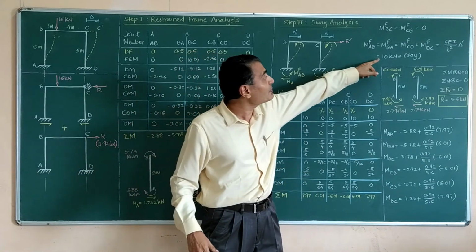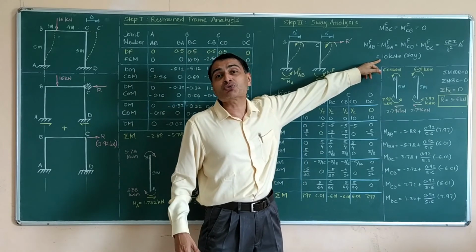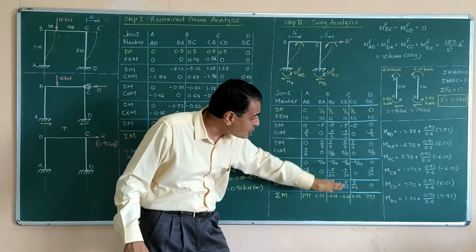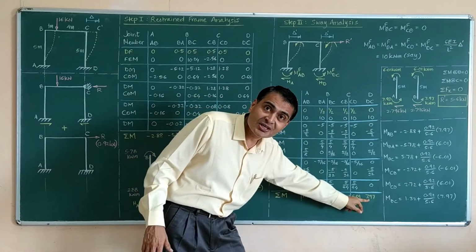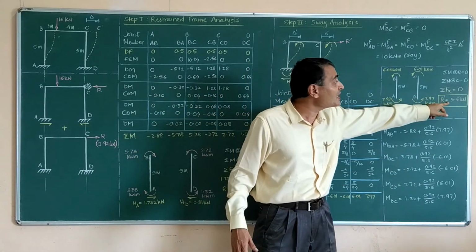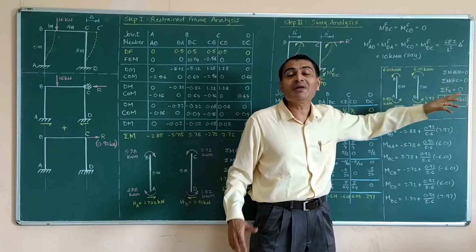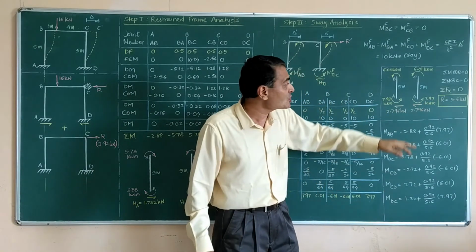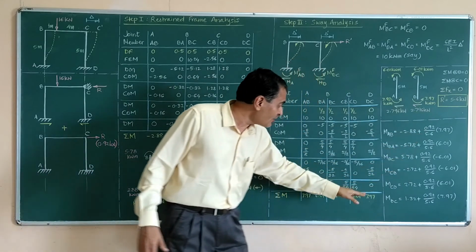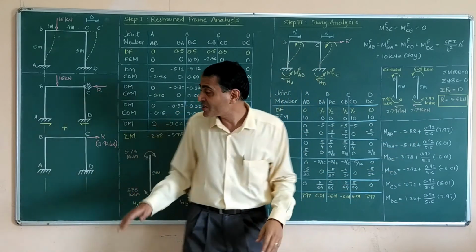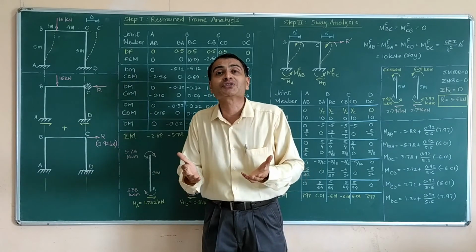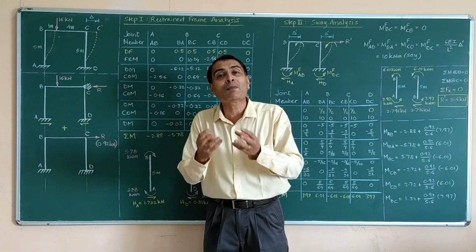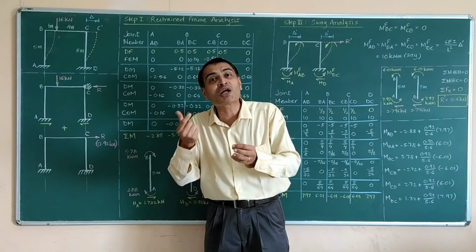We rather go ahead with an arbitrary sway moment value, carry out our moment distribution analysis, find end moments, find the corresponding arbitrary value R prime, and then our argument is for R prime, if these are my end moments, then for R, how much will be the end moments? So it is going to be R upon R prime into each end moment.